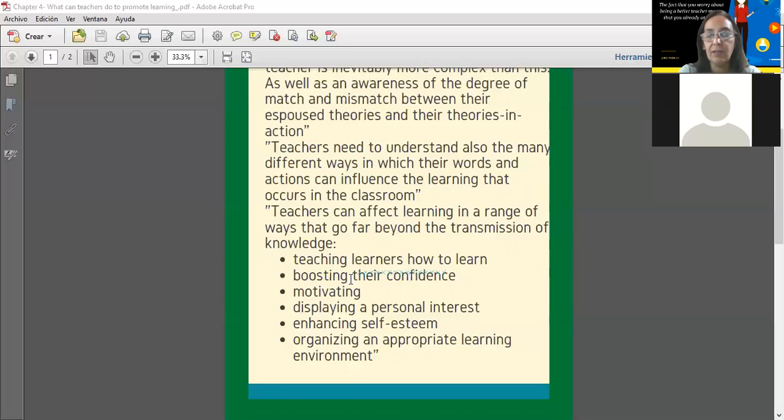There may be other things that we can do, right? There are a lot of things we can do. And sometimes we do things unintentionally, without bad intentions. That is to say, sometimes we say things that are not going to help the students be confident. For example, as Dalmiro mentioned, he said this activity is a bit difficult.